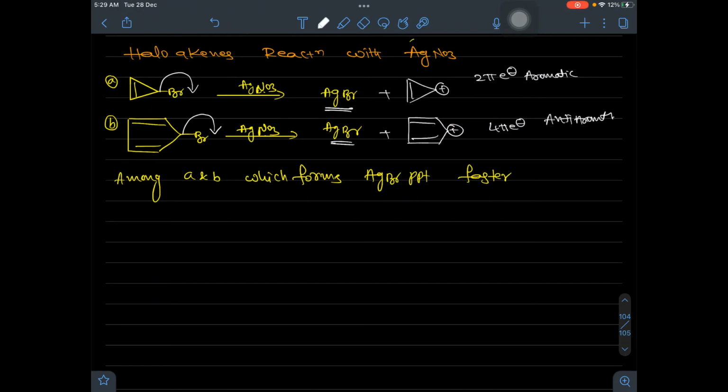So this system has 2 pi electrons and this system has 4 pi electrons: aromatic and anti-aromatic.